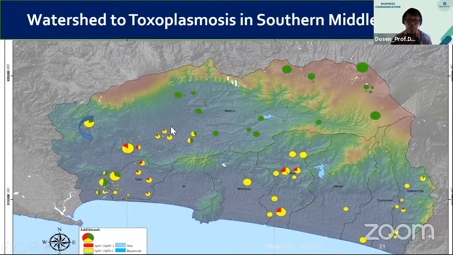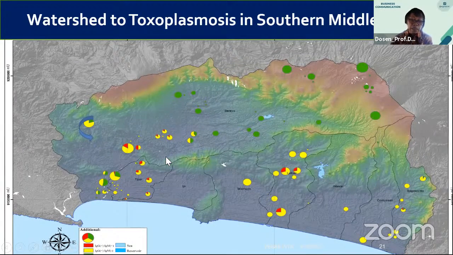This is regional, in Middle Java, and here we get a very good result: we can find the disease along the river, around 200 to 300 meters from the riverside.